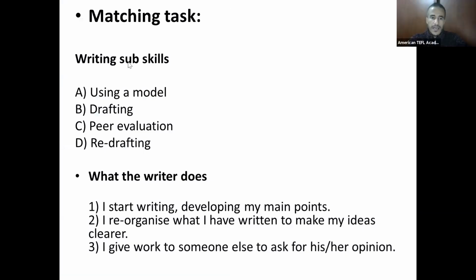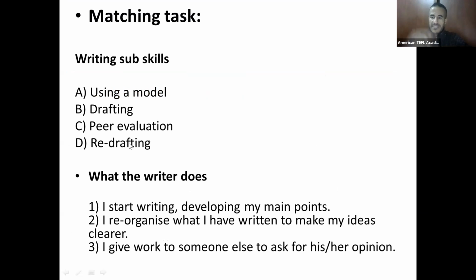Look here, writing subskills: using a model, drafting, peer evaluation. Students correct each other, okay. Students correct each other or redrafting, they write again, a second draft.